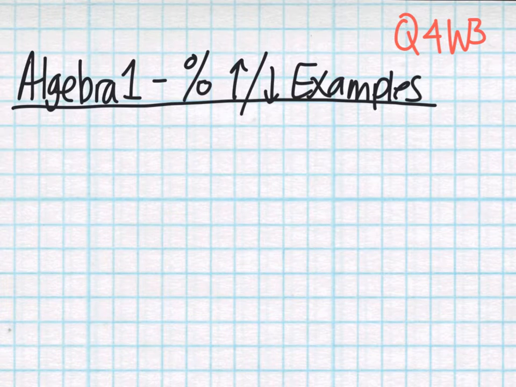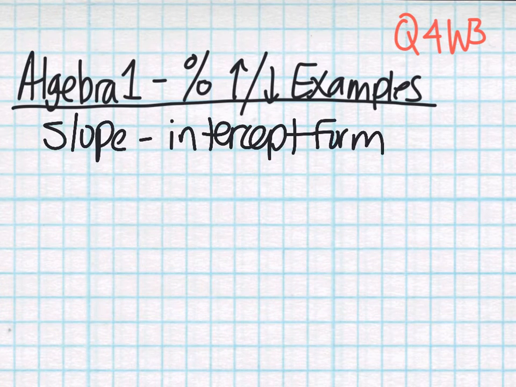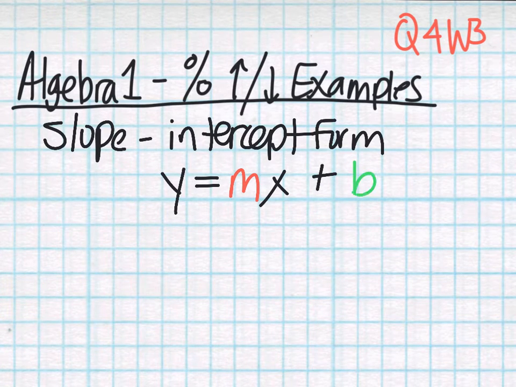And if you remember what I said in the first video, these are all going to be tied back to our slope-intercept form again. So we know slope-intercept form is y equals mx plus b.